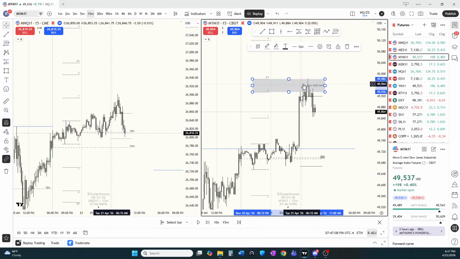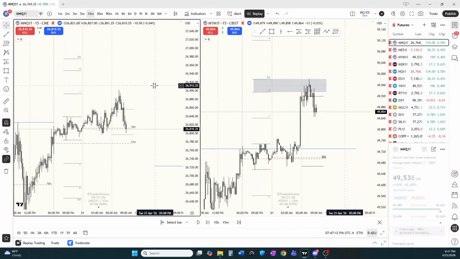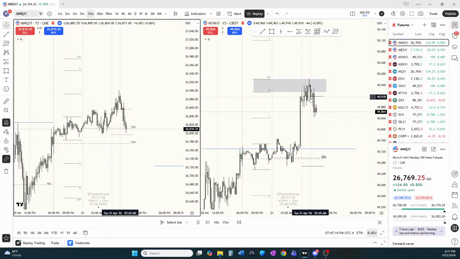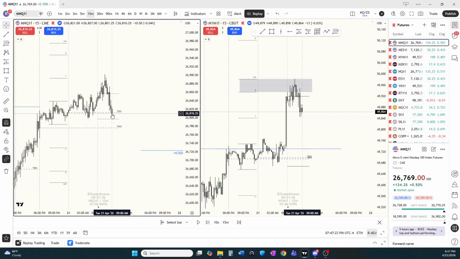So already an area that I can look for retracement. So knowing that, we're looking for some retracement here. So that's why this morning I was looking for price to come down and manipulate at least London lows. Where are we at on NASDAQ? Well, we're very close to those London lows.